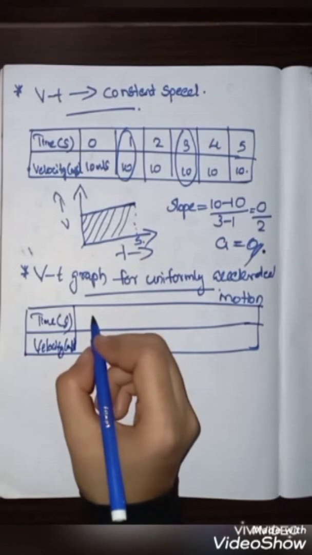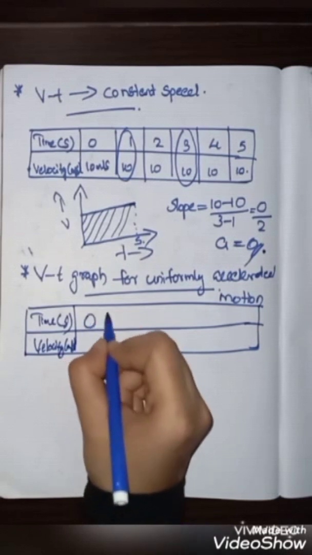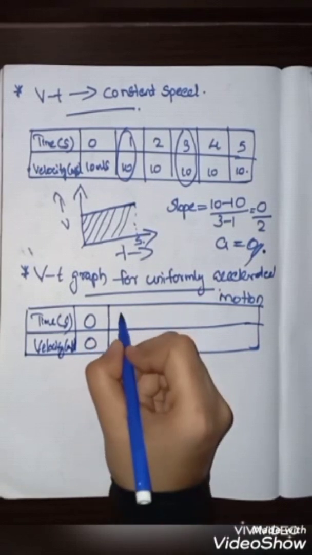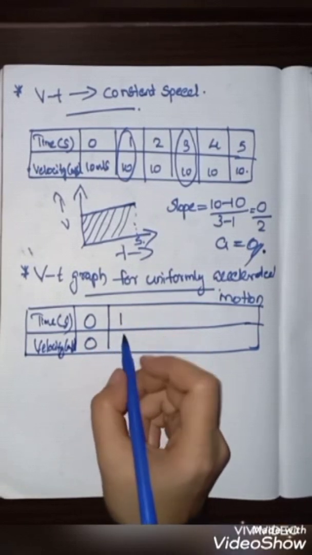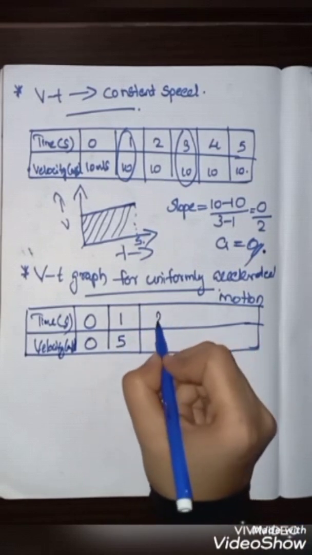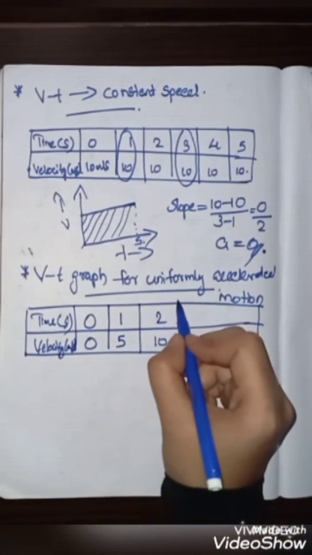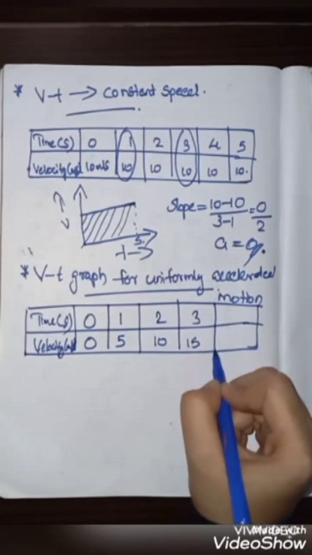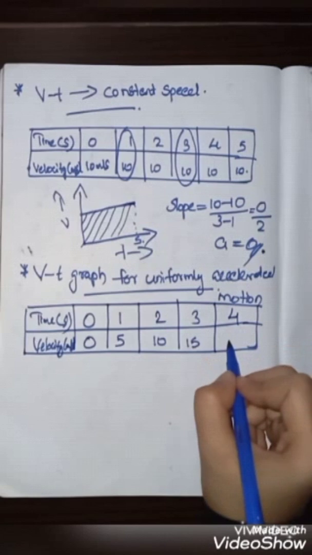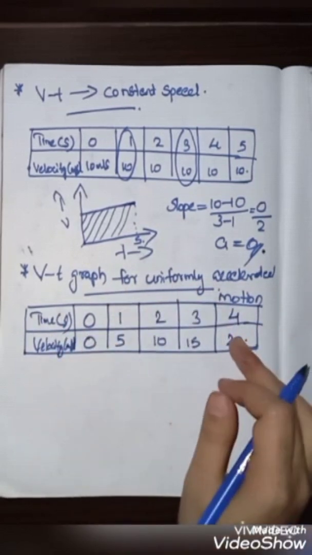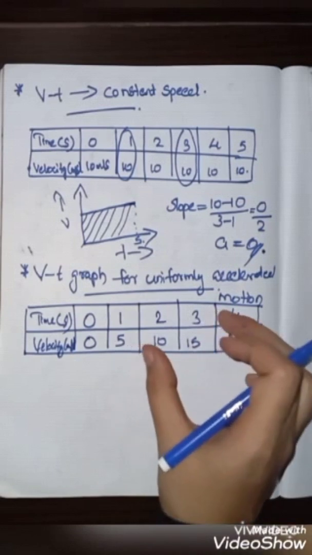At 0, it is 0 meter per second. At 1 second, the velocity is 5 meter per second. At 2 seconds, the velocity is 10 meter per second. At 3 seconds it is 15 meter per second, and at 4 seconds it is 20 meter per second. This is the given data.